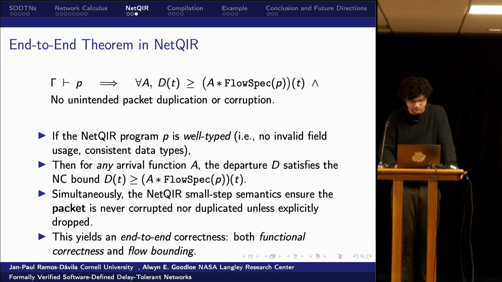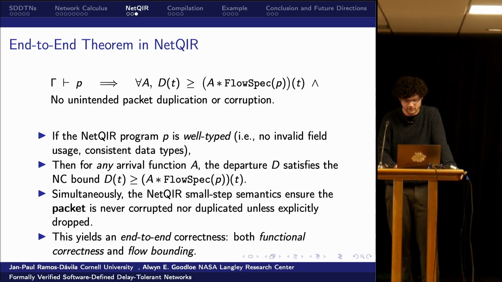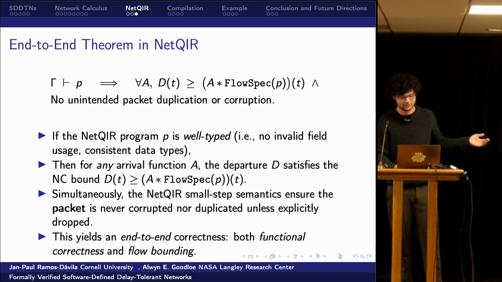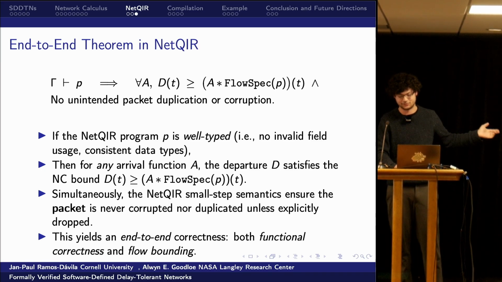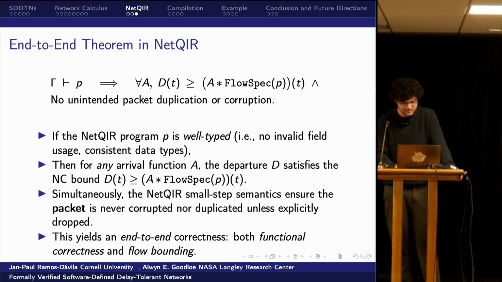The conclusion has 2 parts here. The first part, the formula on the second bullet point, states that the classical service curve-based performance is guaranteed from the network calculus, and that no unintended packet duplication or corruption is captured in the semantic correctness of the language, which just means that actions and tables don't create new packets from nowhere or miswrite them incorrectly.